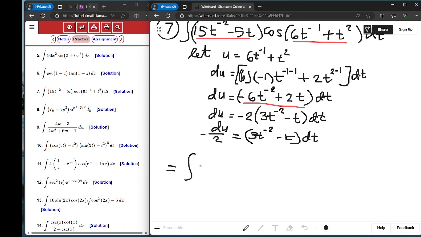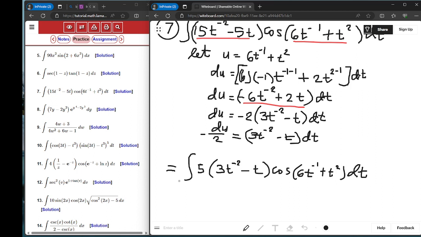We'll have the integral of 5 times 3t to the negative 2 minus t, because 15 divided by 5 is 3 and factoring out 5 from 5t leaves just t. Then cosine of 6t to the negative 1 plus t squared, times dt.